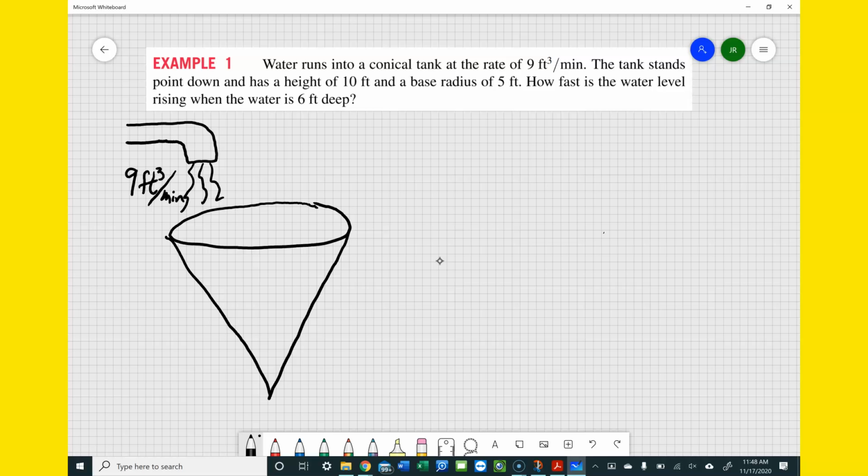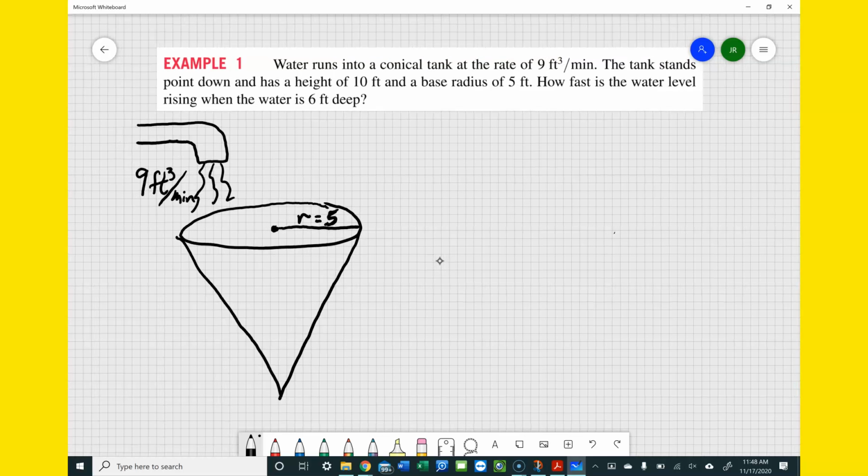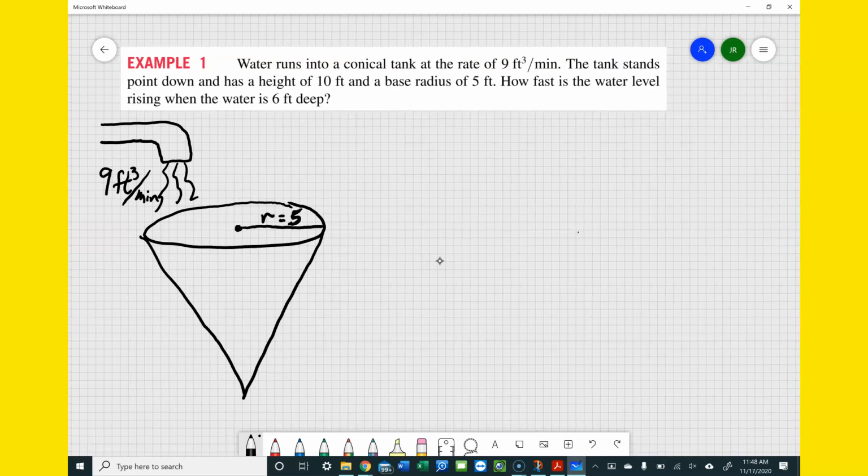The cone has a base radius of 5 feet. You can imagine this maybe being at some industry where a process is happening here for manufacturing or something like that. And it has a height of 10 feet.